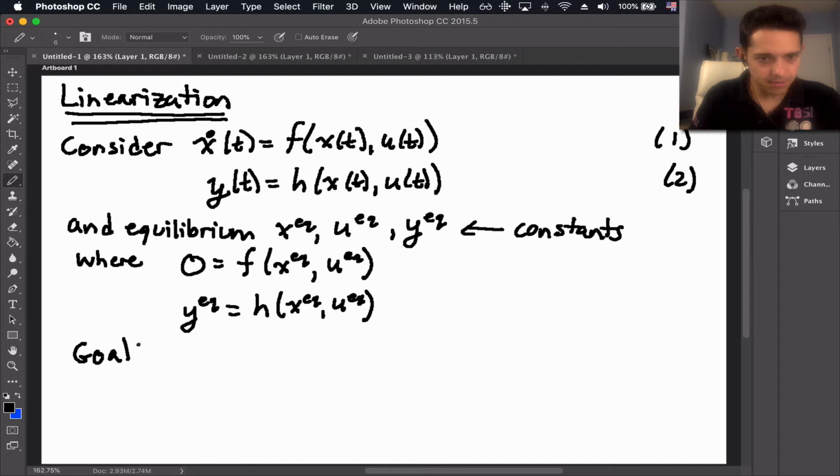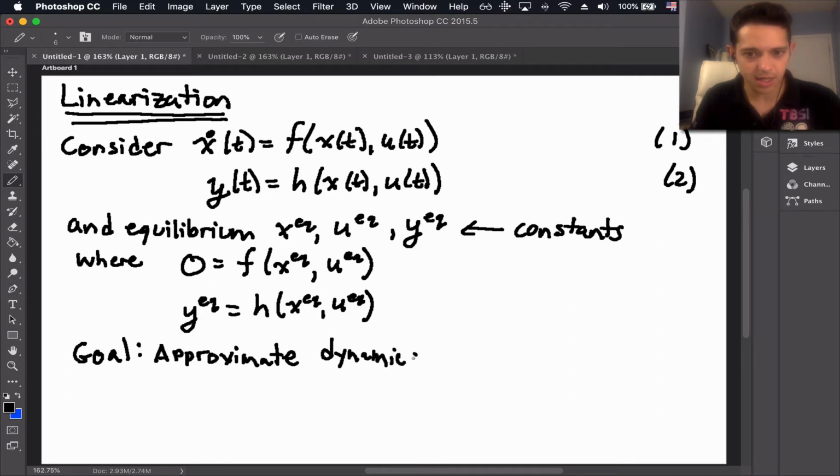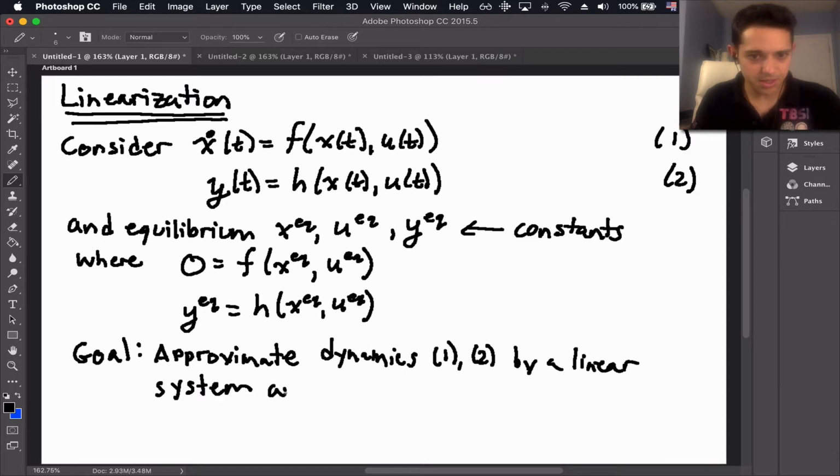So our goal here is to approximate the dynamics in equations 1 and 2 by a linearized system, specifically around these equilibrium points xeq, ueq, and yeq.